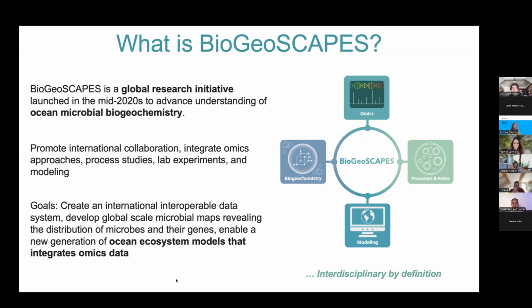And we want to build a conceptual framework to understand the links between this ecology of microbes and biogeochemical cycles. And then we want to come to something that allows us some predictive modeling. So we want to predict interactions with environmental factors to provide assessments of what are possible risks, what are vulnerabilities in the key ocean metabolisms on a changing planet. So that's the plan of BioGeoSCAPES.